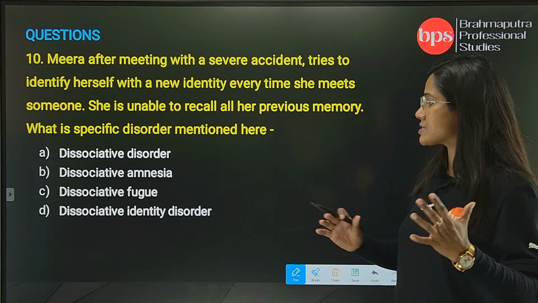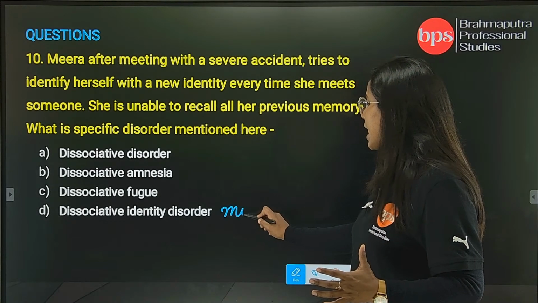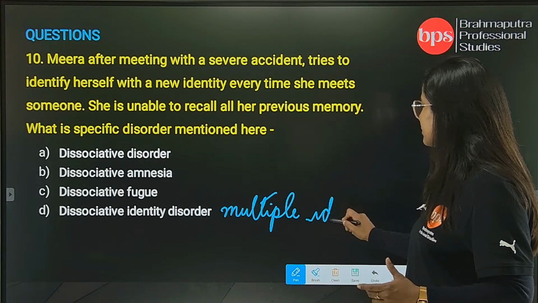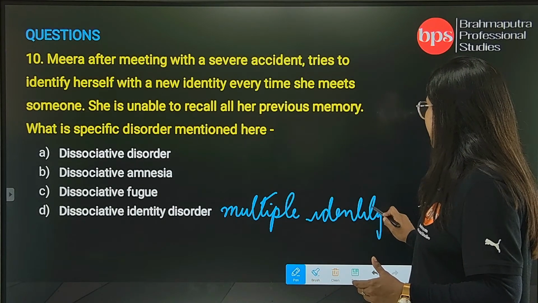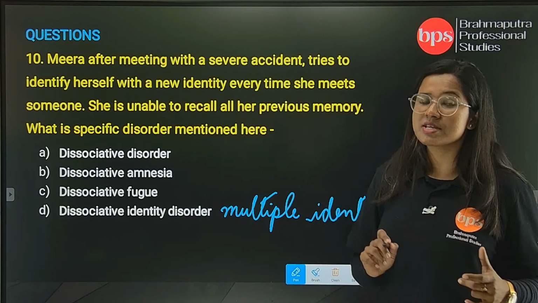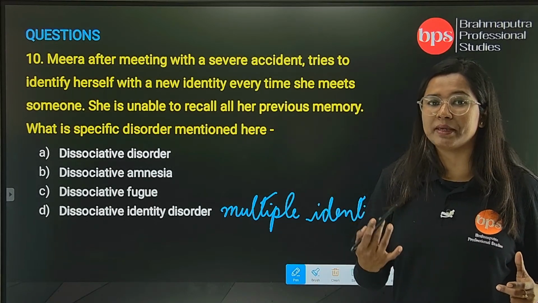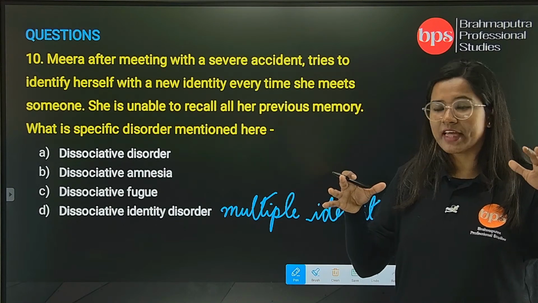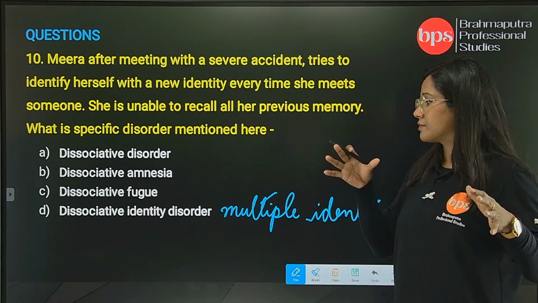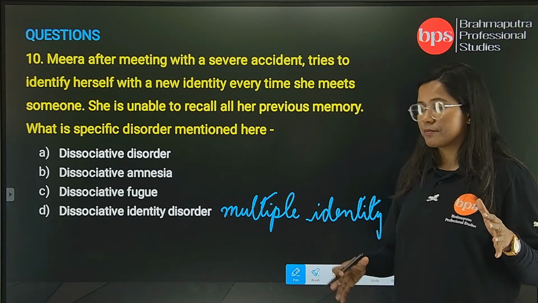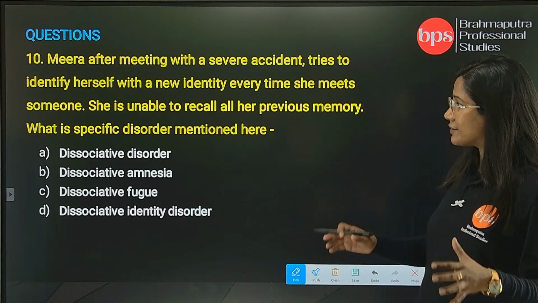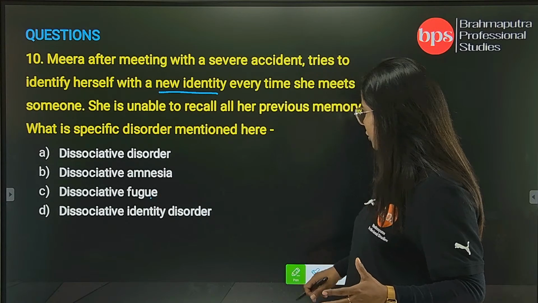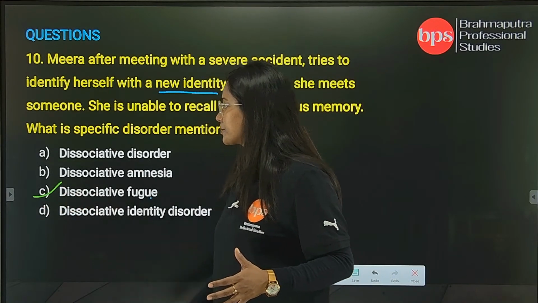Here a person tries to identify himself with multiple identities. Can you see that? Here the options are multiple identities. So people try to give themselves a lot of identities. So that is dissociative identity disorder. But here you can understand that new identity means fugue, and so the correct option is dissociative fugue.